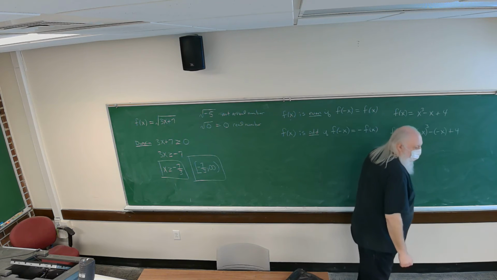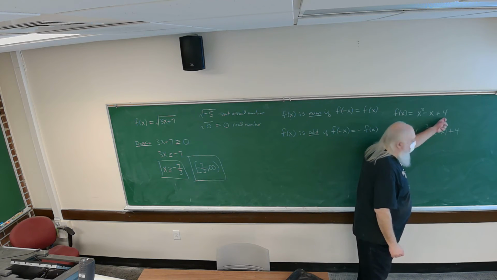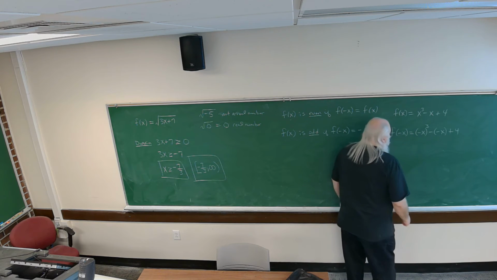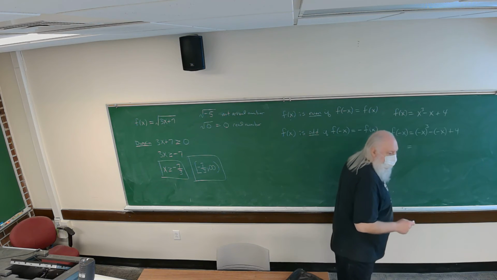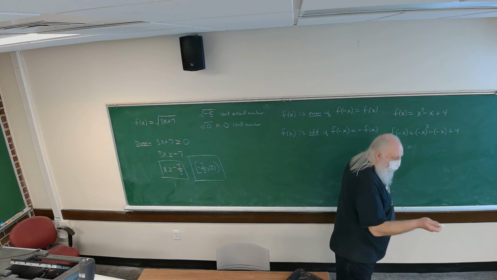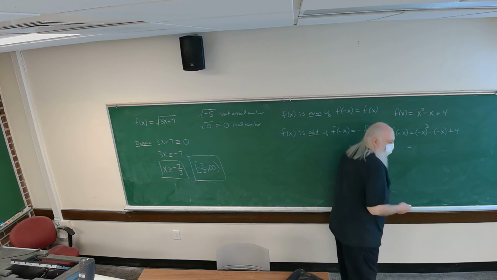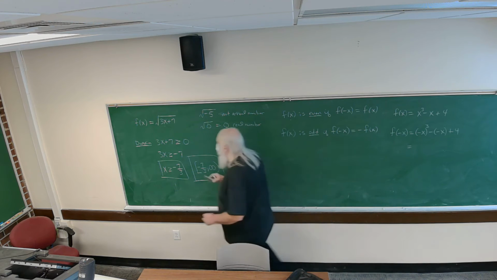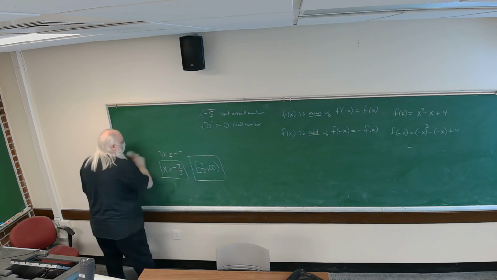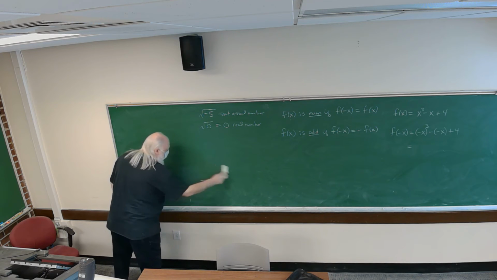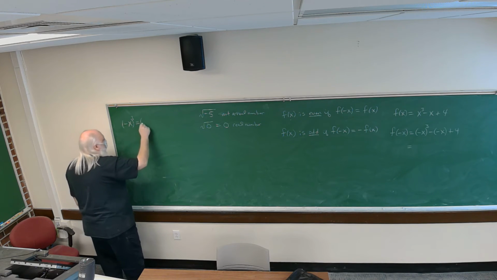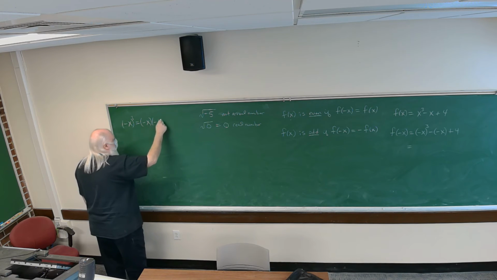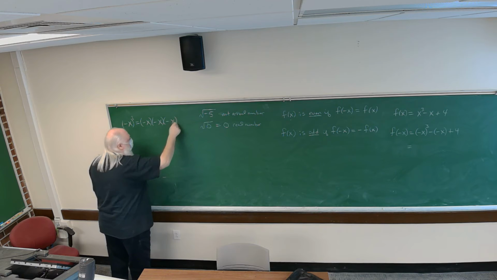And I can tell you it's going to be neither even nor odd because of this plus 4 out here. Okay. So minus x cubed minus x. Minus x cubed is minus x times minus x times minus x, right?